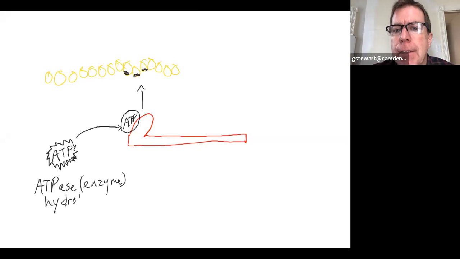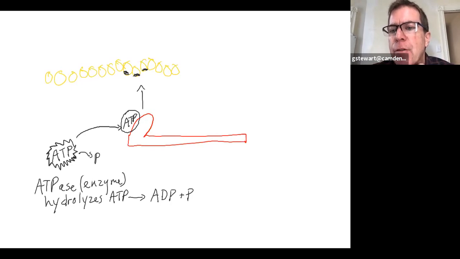It hydrolyzes the ATP molecule, we break the last phosphate off of it, and we end up with ADP plus P. That just means we peeled one of the 3 phosphates off of ATP, and now we have 2 phosphates and 1 phosphate. So I'm going to draw an arrow here.